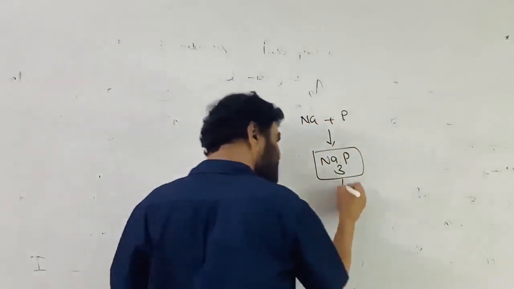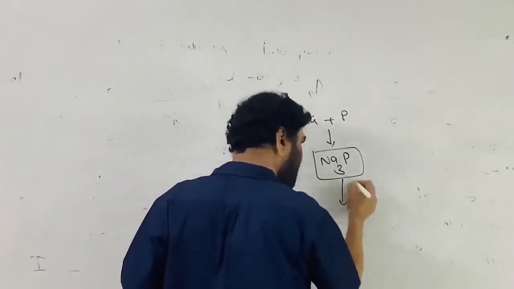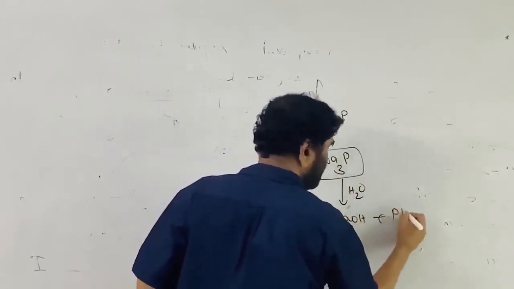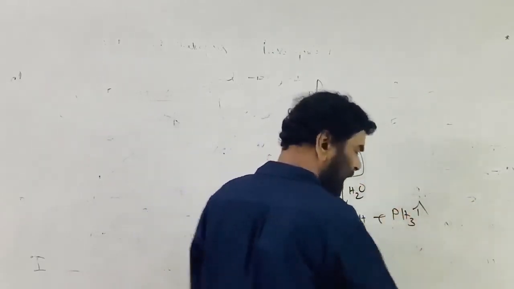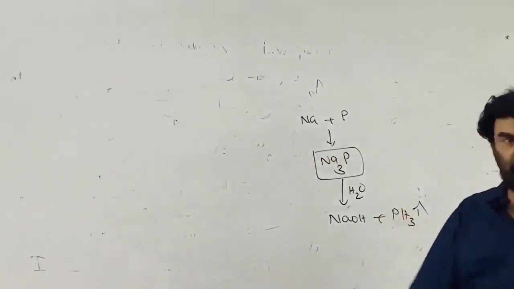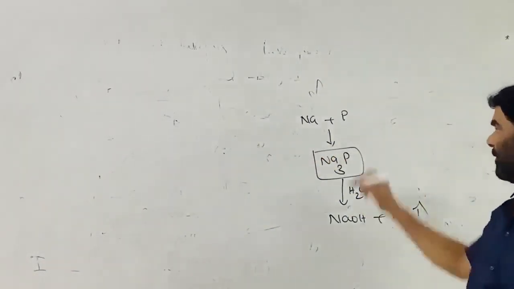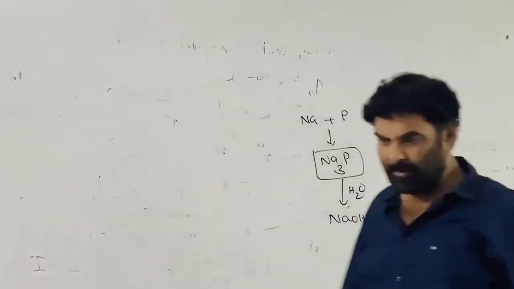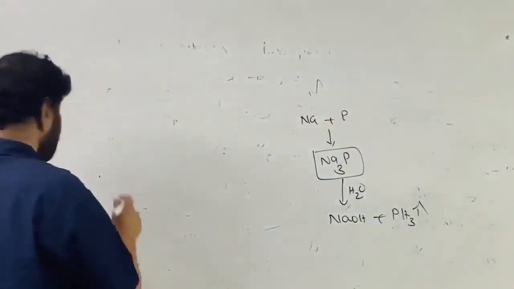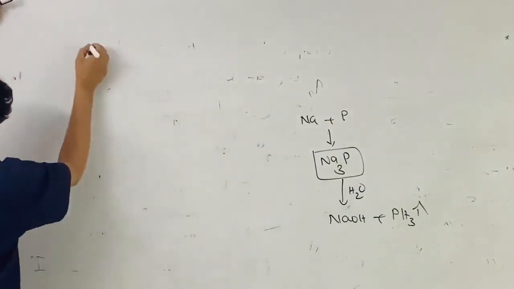Once it is dissolved in water, it is converted into sodium hydroxide, and phosphine is liberated. It is a gas that comes out. Though it is not in the Lassaigne extract, a gas is forming. Therefore, Lassaigne's test is not applicable. By using Lassaigne's test, we cannot identify phosphorus.